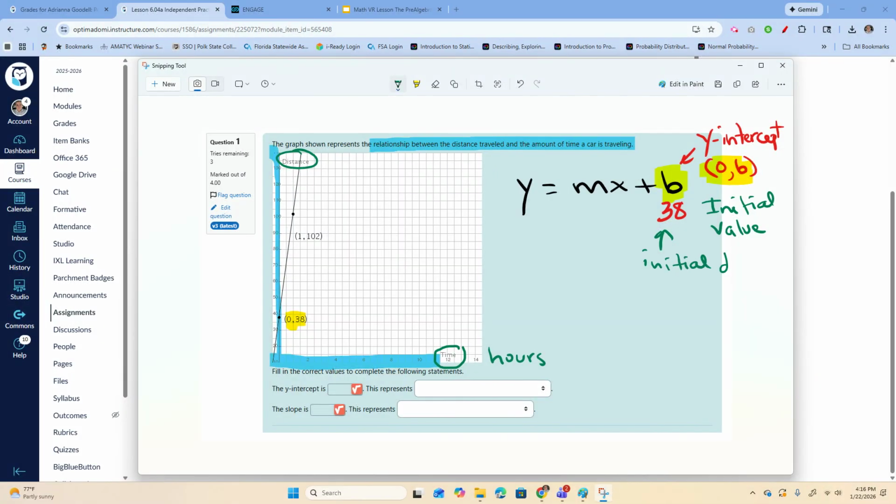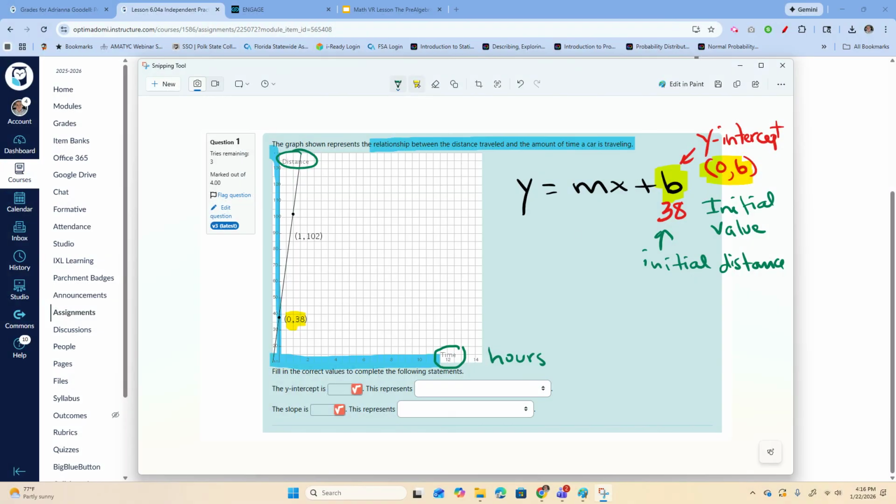How do I know it's distance? Because the y-axis, you can see, I circled it, is measuring the distance. So the car was already 38 miles away from where it started. So that's the b here.